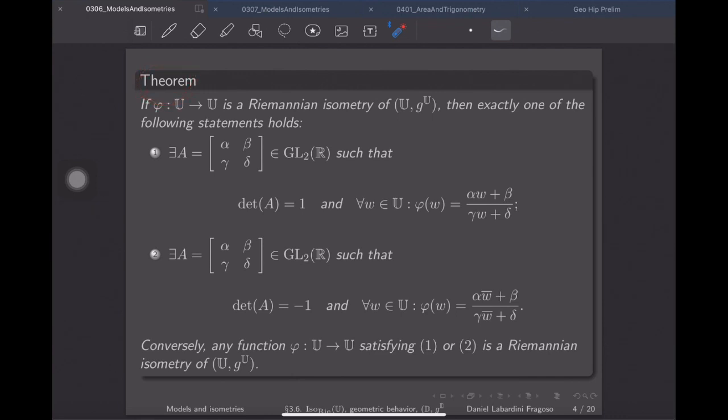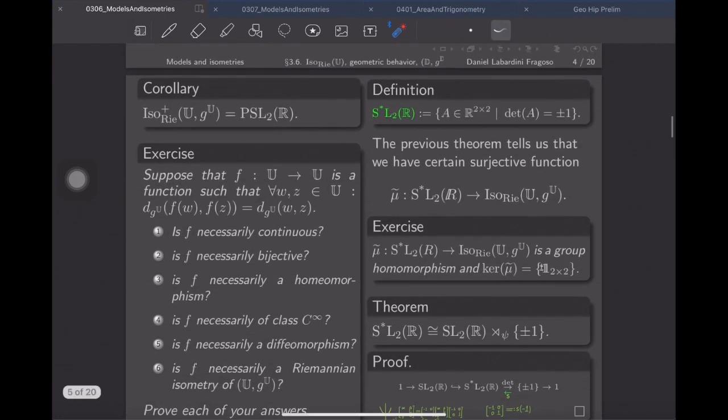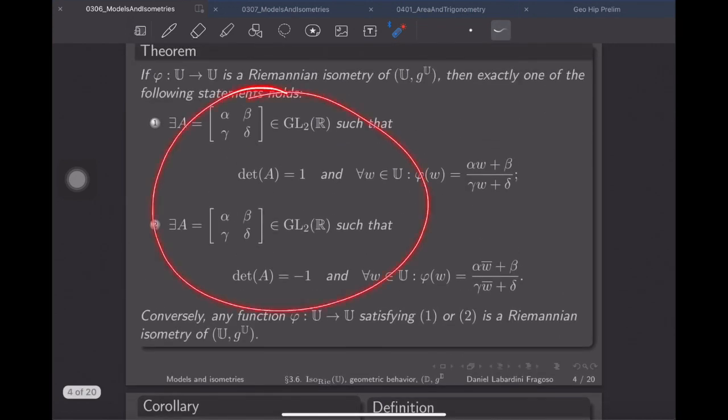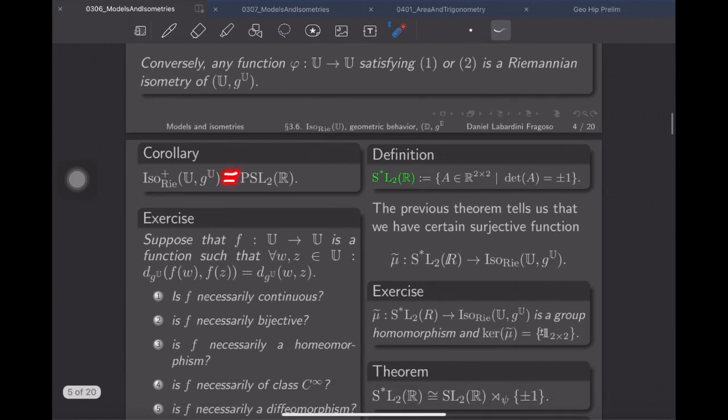So this is the first instance where we really have a full description of all isometries, and that full description allowed us to describe the whole group of isometries that preserve the orientation as PSL2R. We had already proved this inclusion, and then with this theorem at hand, one can easily deduce equality.